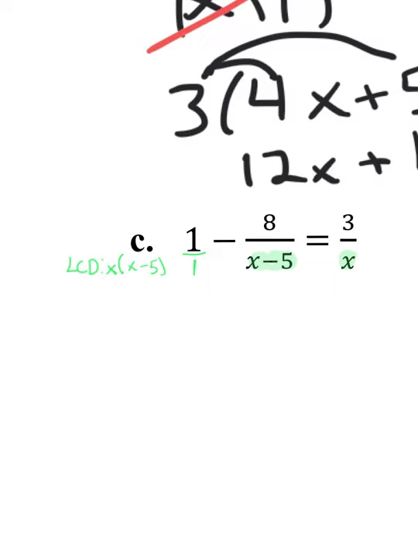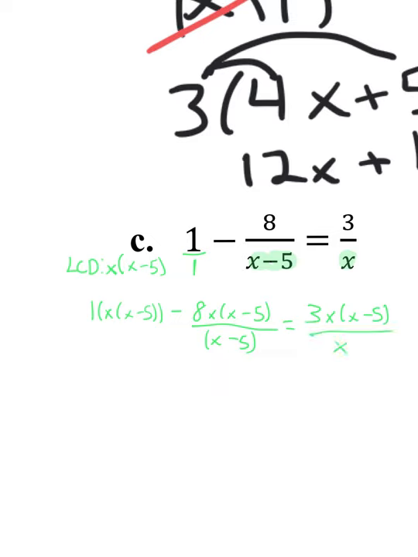Okay, so what I can do now is I can say x over x minus 5. I can multiply that by every single term. So I have the 1 times x minus 5 minus 8 times x minus 5, but that's over the x minus 5 already, equals 3 times x minus 5 all over x.